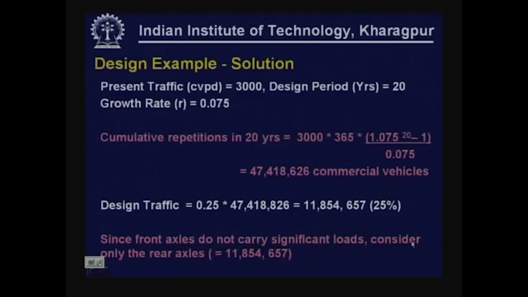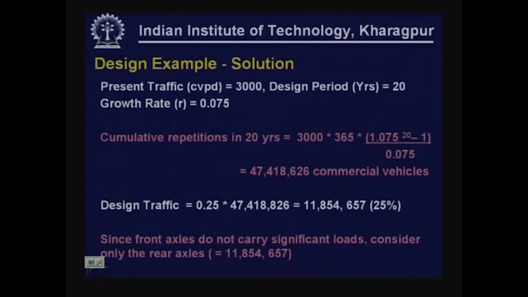The present traffic in terms of commercial vehicles per day is 3000 commercial vehicles. A design period of 20 years has been taken, growth rate is 0.075. So, using this, cumulative repetitions during 20 years is computed as 3000 into 365 into (1.075, that is 1 plus r, to the power 20, minus 1) divided by r, that is 0.075.